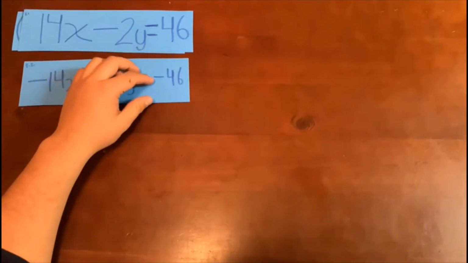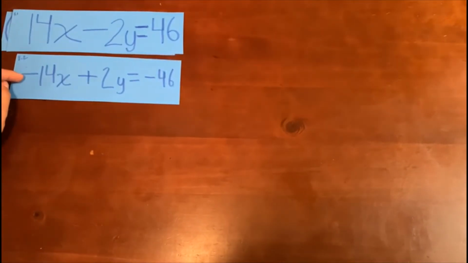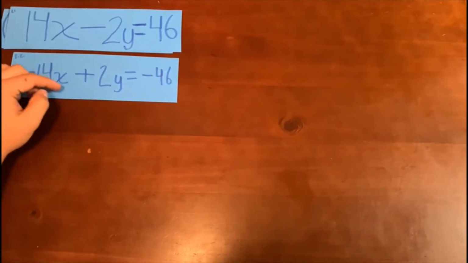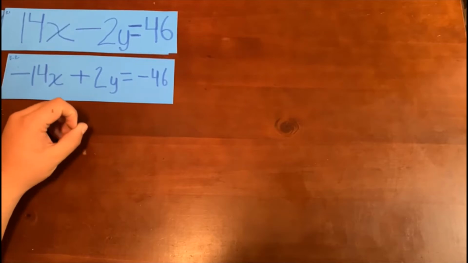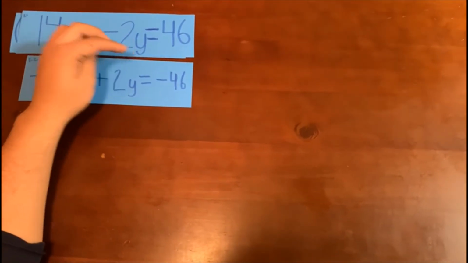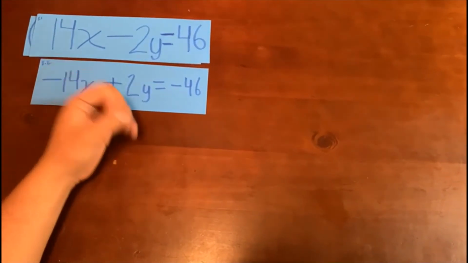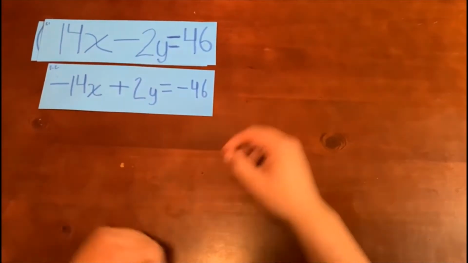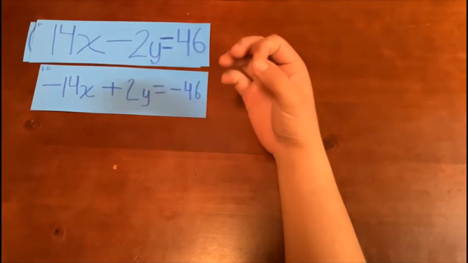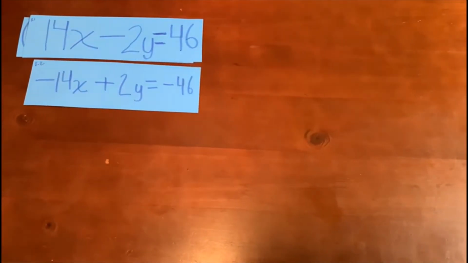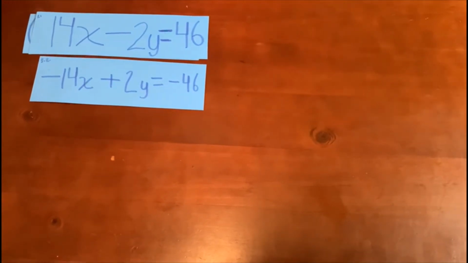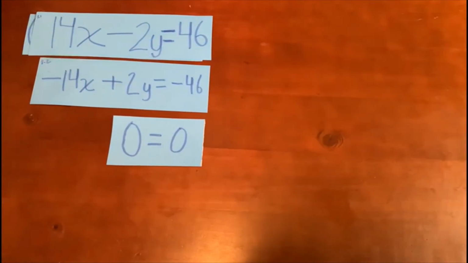So we go ahead and work it out. 14x minus 14x equals 0. -2y plus 2y equals 0. And 46 minus 46 equals 0. Therefore, our answer is going to be 0 equals 0.